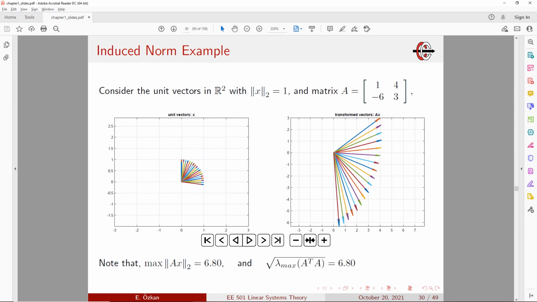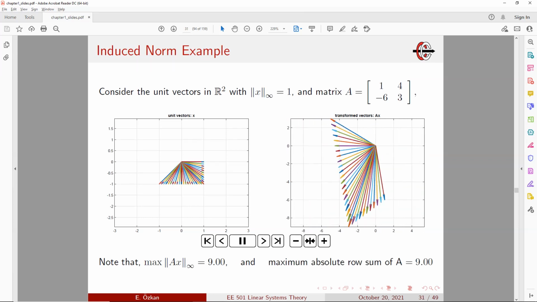So how does the unit sphere look when I use, for example, the L1 definition or the L infinity definition? Exactly, it was a diamond and a square.